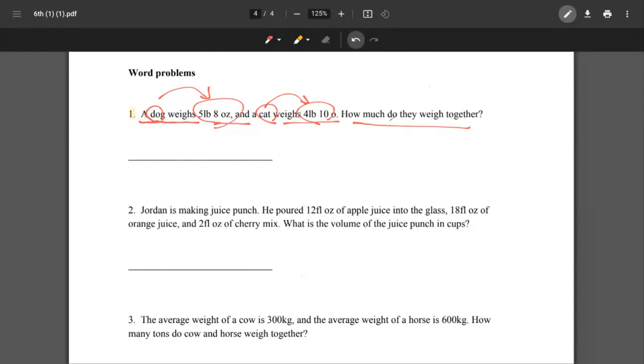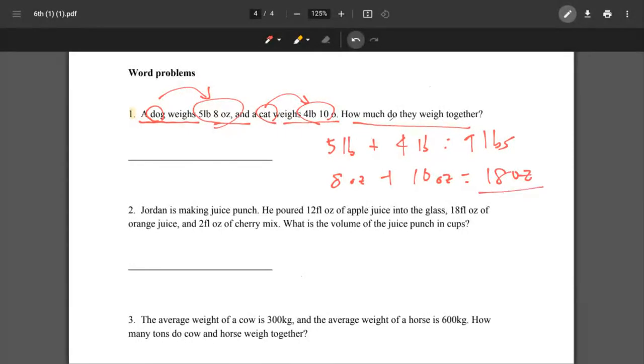Okay, so to find the total weight, we just simply add them together, right? So if you add 5 pounds and 4 pounds, that's 9 pounds. Then we add 8 ounces and 10 ounces, which is 18 ounces. Okay, so is that it? No, right?